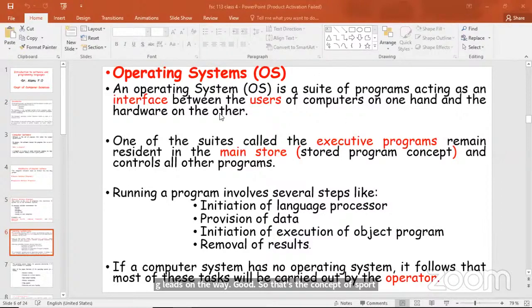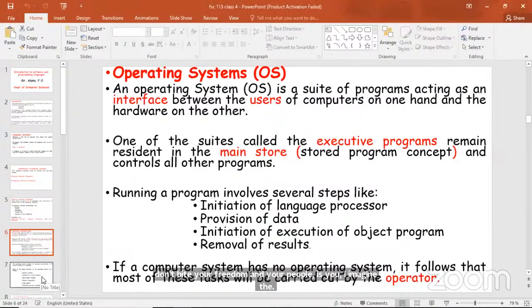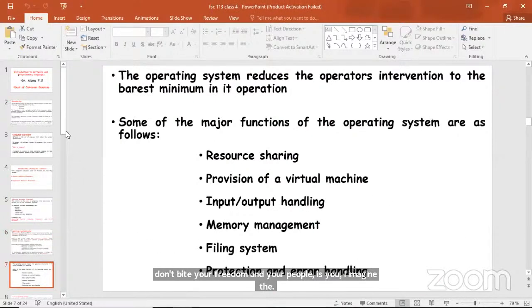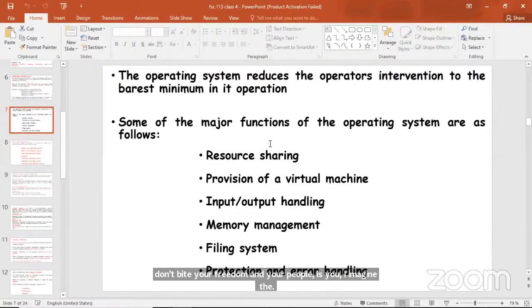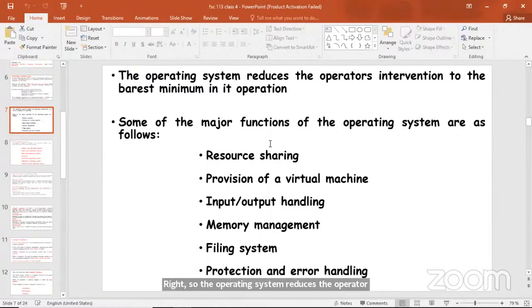Now, as I was saying before the question came up, if a computer system has no operating system, it follows that most of these tasks, that means the tasks of initiating language processor, provision of data, processing of data, getting out results, will be done by the operator, and the operator is you. And imagine the level of work that you have to do getting that done, right? So the operating system reduces the operator's intervention to the barest minimum in its operation.